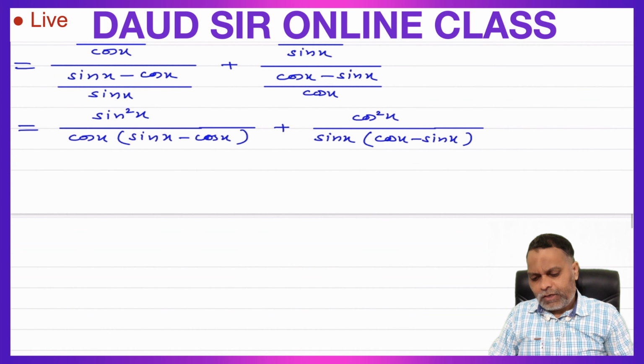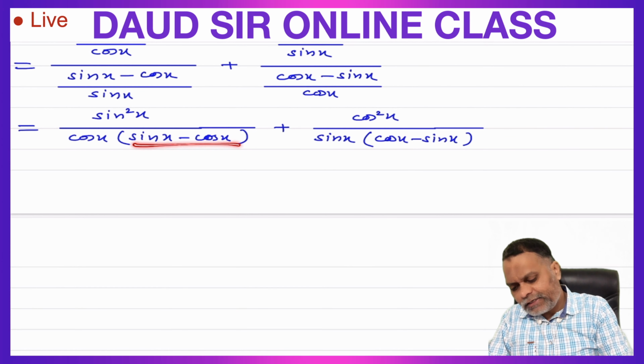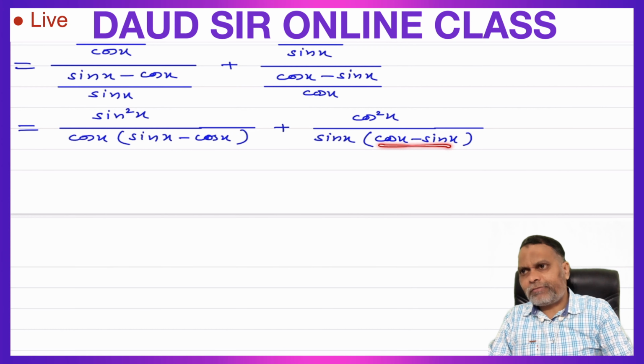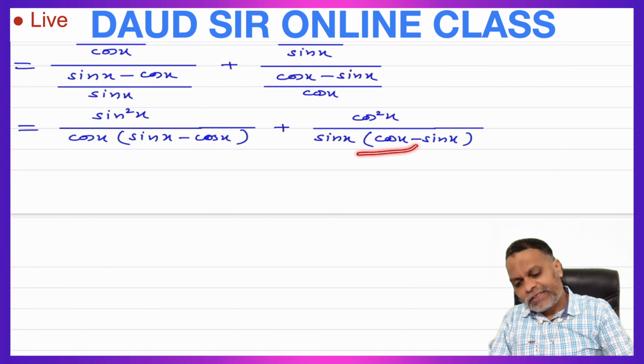Notice here this bracket is sin x minus cos x and this is cos x minus sin x. So take out minus sign common so that it will become sin x minus cos x. So both brackets will be same.